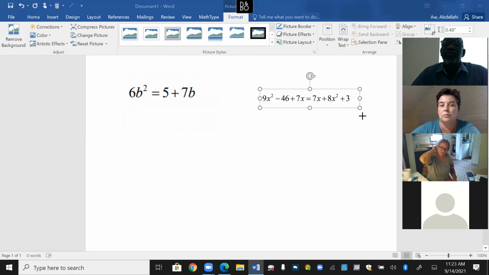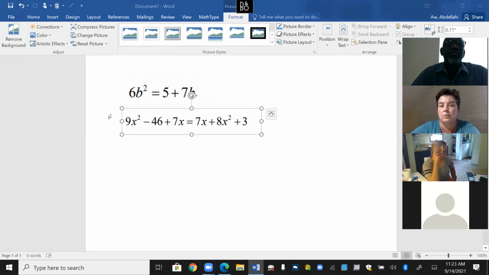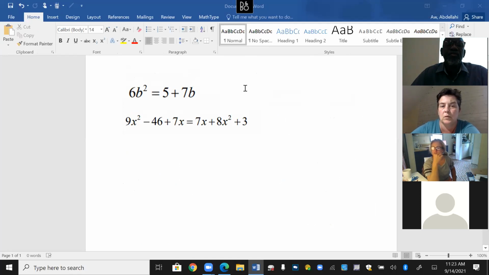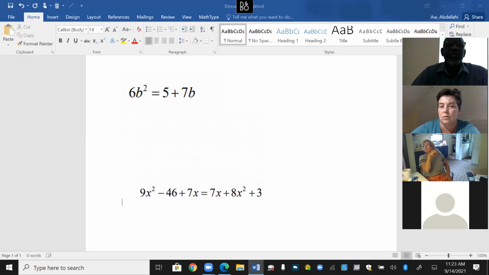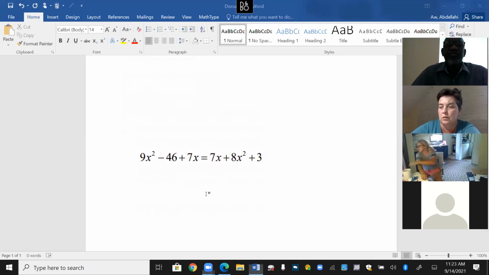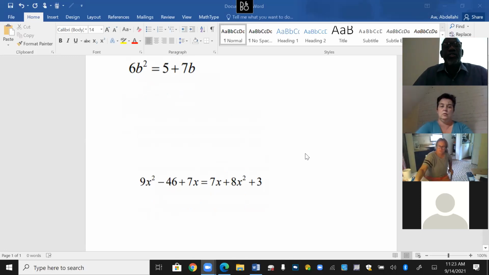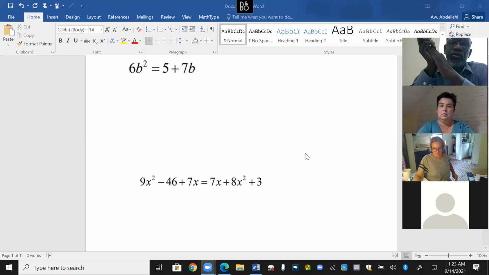All right, so we have 2 equations. We're going to practice them before we move on. Remember last time, this is where we were at, how to solve equations by factoring, right?